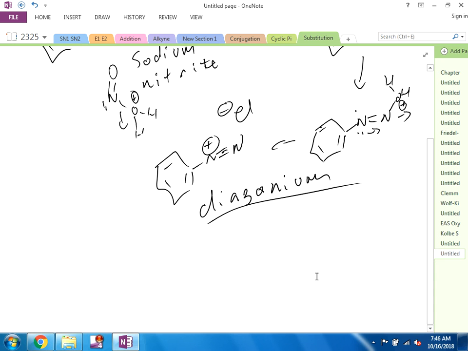Now, this compound is our gateway to making lots and lots of different compounds. So for instance, if you want to put in carbon, you could add copper cyanide. If you wanted to put in oxygen, you could put in copper hydroxide. If you wanted to put in fluorine, you could put in sodium tetrafluoroborate.